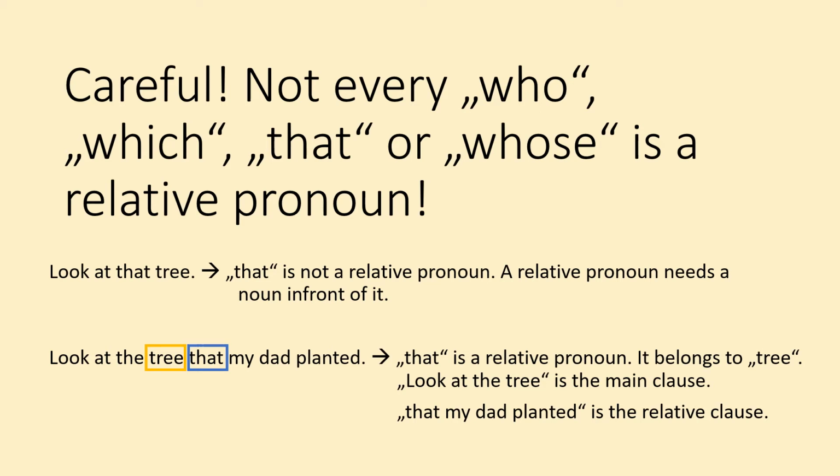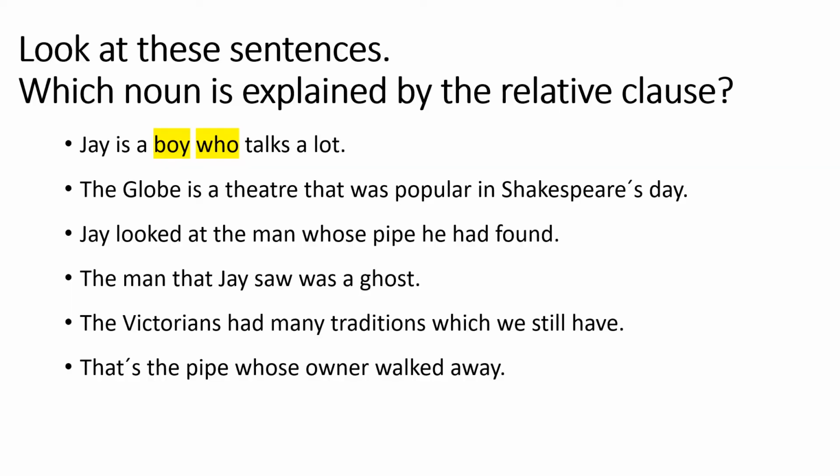Let's practice this a bit. Wonderful! It looks like you can spot defining relative clauses. Now, let's have a look at the following sentences and decide which noun is defined by which relative pronoun. Jay is a boy who talks a lot.